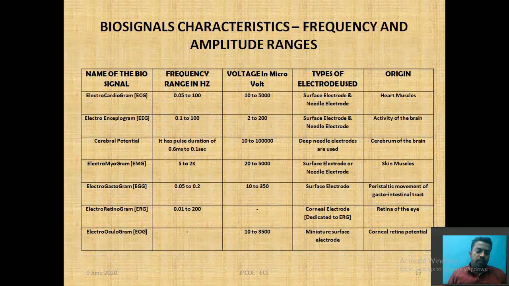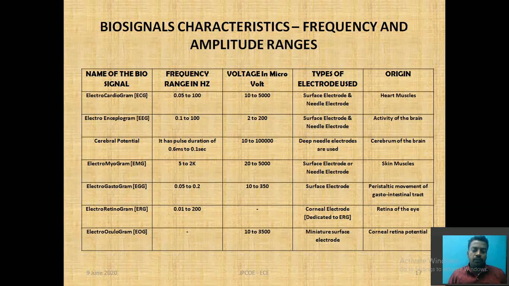Next we are going to see the electroretinogram, ERG. The frequency is from 0.01 to 200 Hz, very low frequency. Voltage is not represented here; we consider the frequency, but the voltage is very small. Retino indicates the eye, the retina.